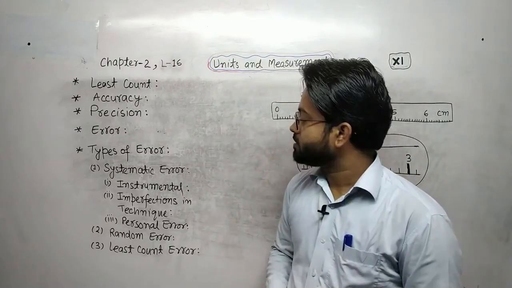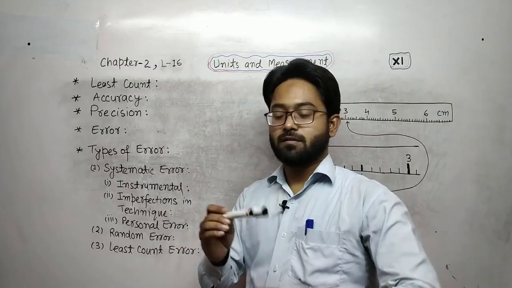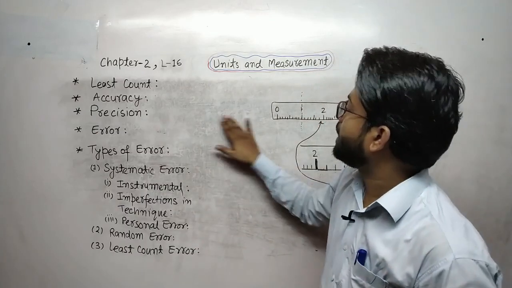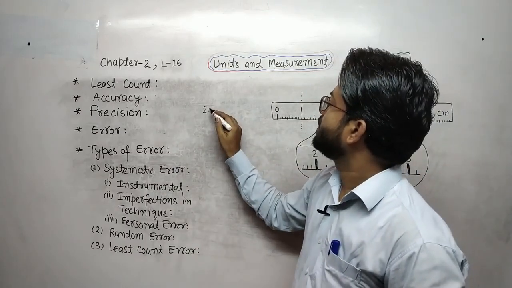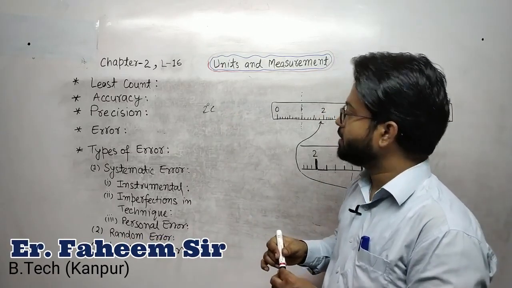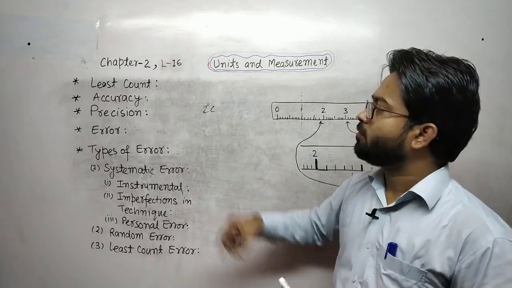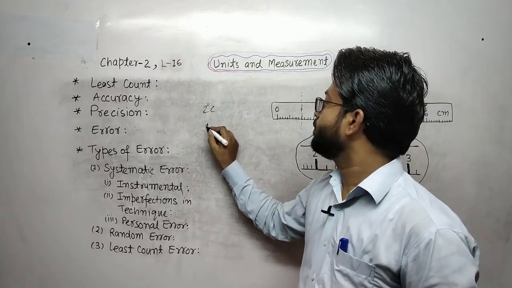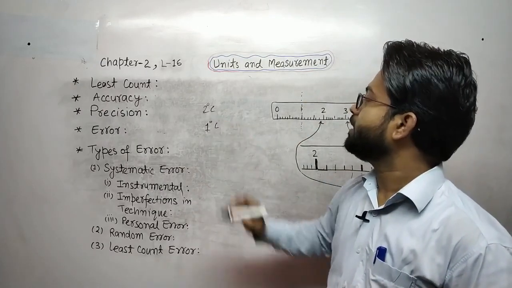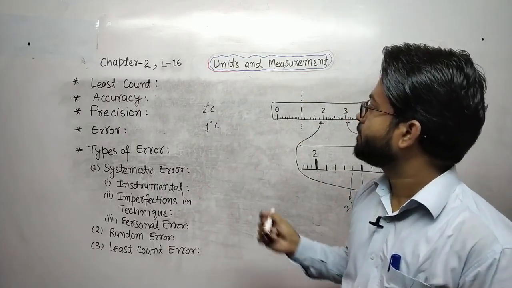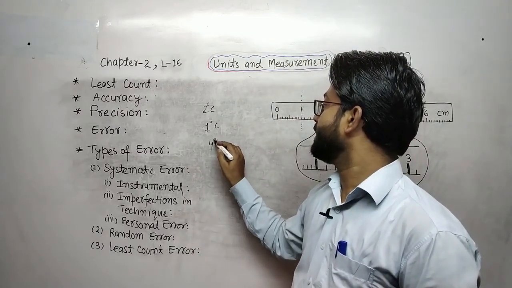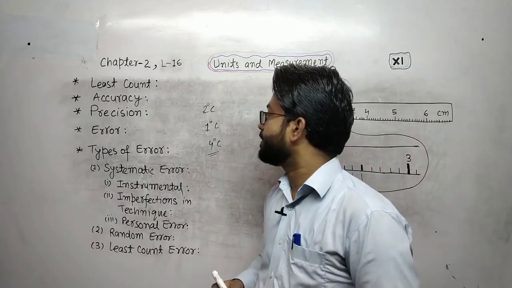Let us suppose we are measuring the temperature of the body by putting the thermometer under the arm. Generally, there may be a 2-degree difference, and if you put the thermometer under the tongue, you will have a 1-degree difference. If you measure by the temperature gun, you will have approximately a 4-degree temperature error.